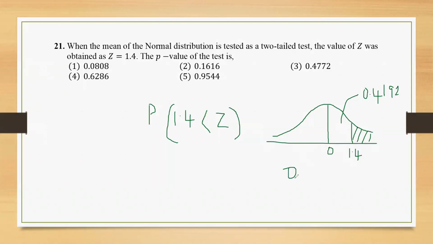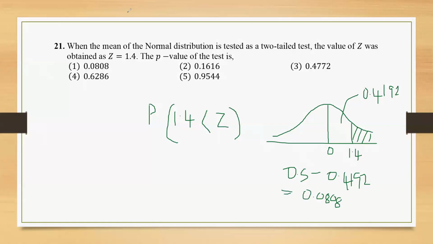Therefore you need to take 0.5 and subtract 0.4192 from 0.5. So the answer is 0.0808.